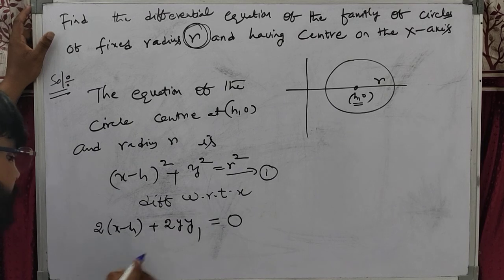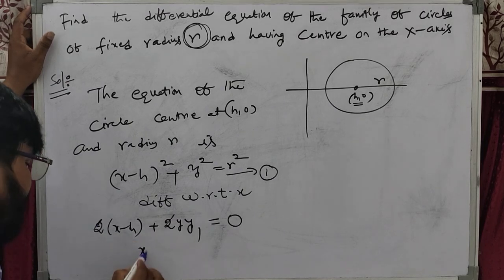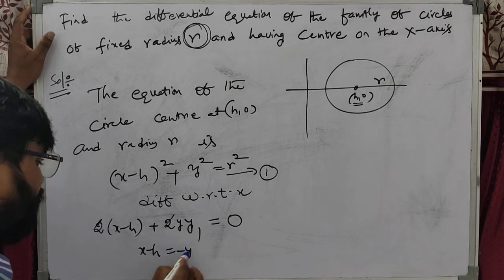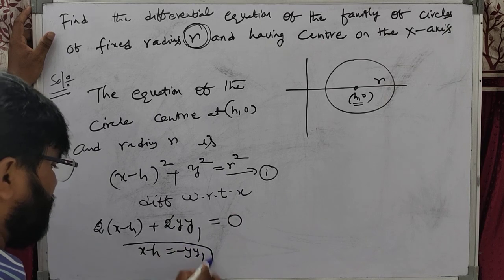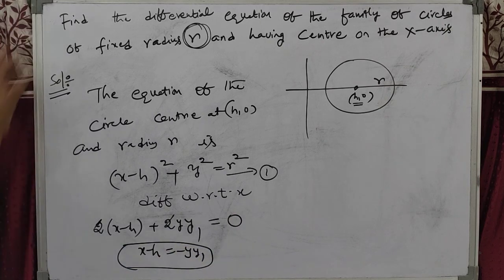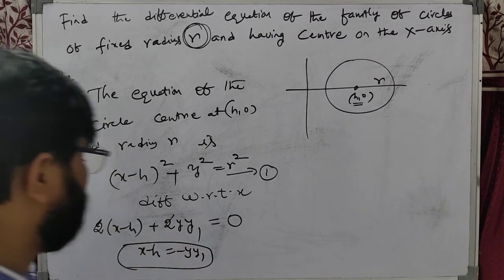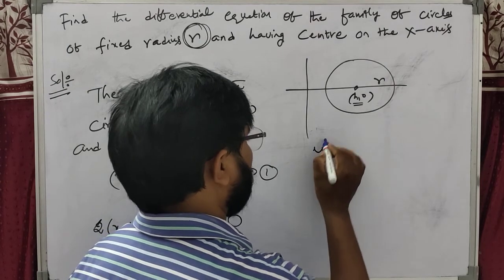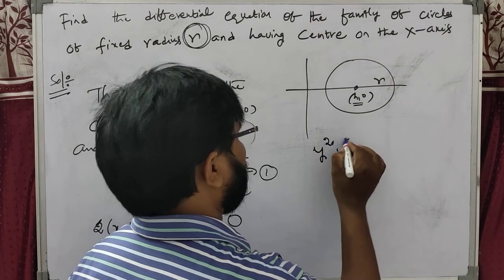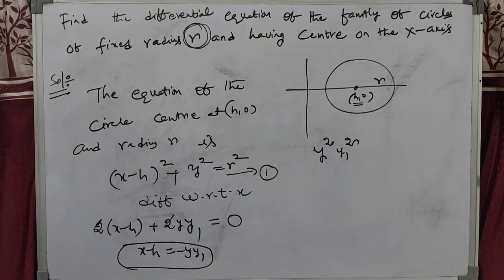What is x minus h? The x minus h will be minus y by y1. Dear students, now (x minus h) whole square is y square by y1 square.